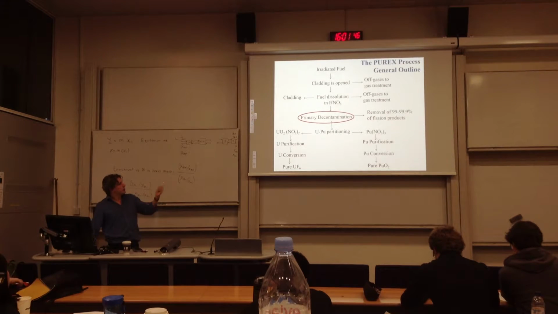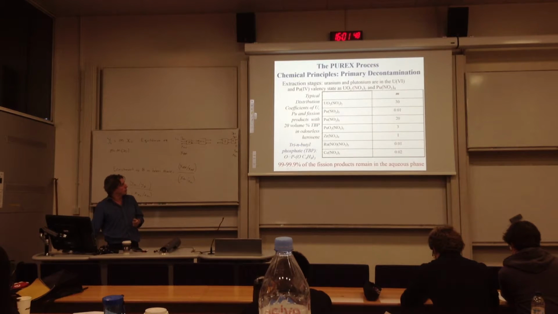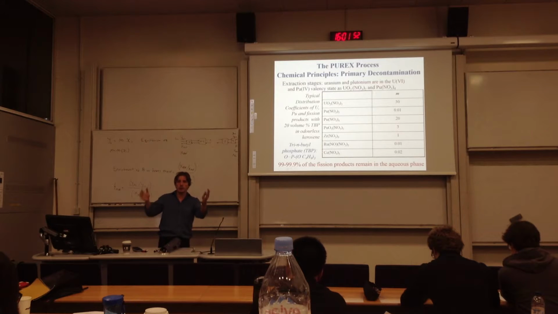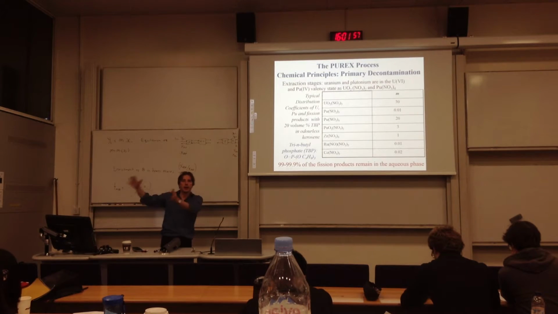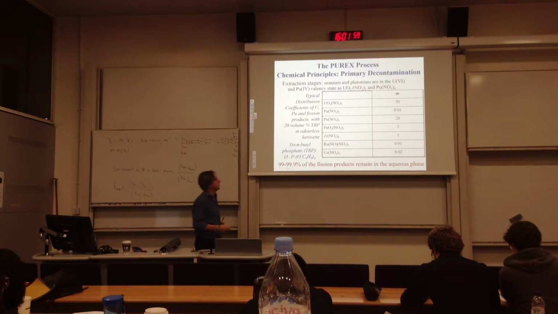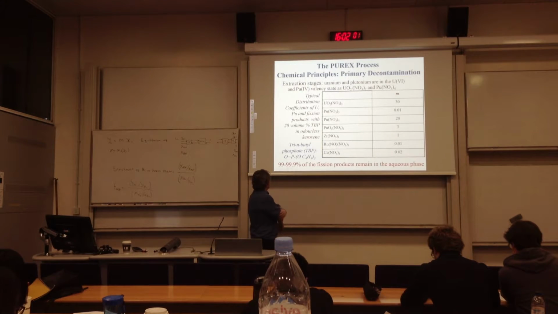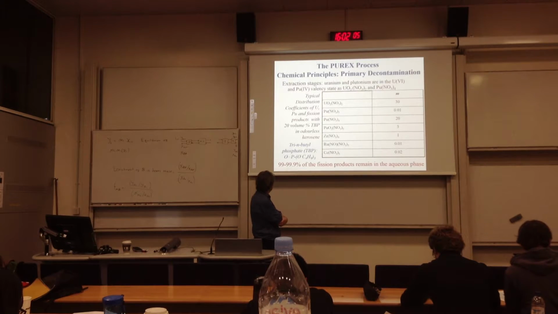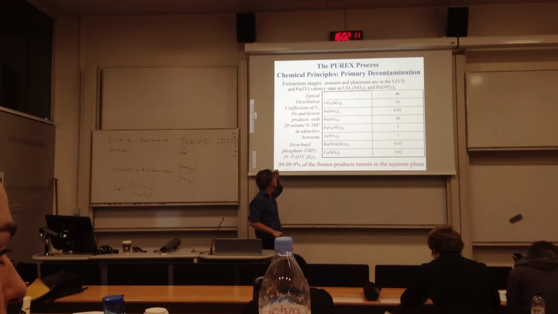So, the fuel is dissolved in nitric acid, and it goes through a first primary decontamination. So again, primary decontamination is a separation, uranium and plutonium on one side, and fission products on the other. Now, let's look at these distribution coefficients, and let's think what we can do to help this separation.